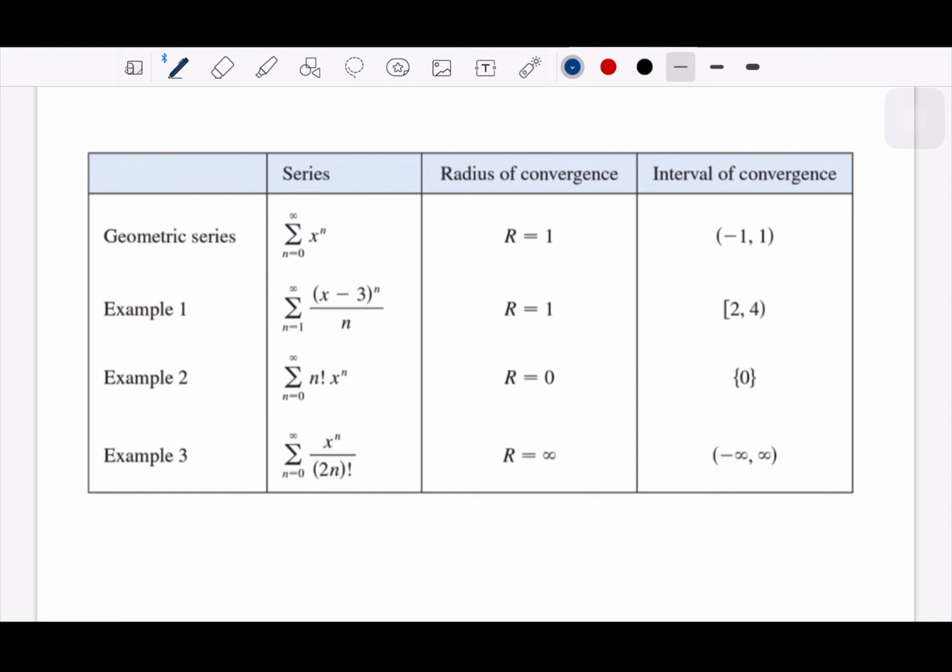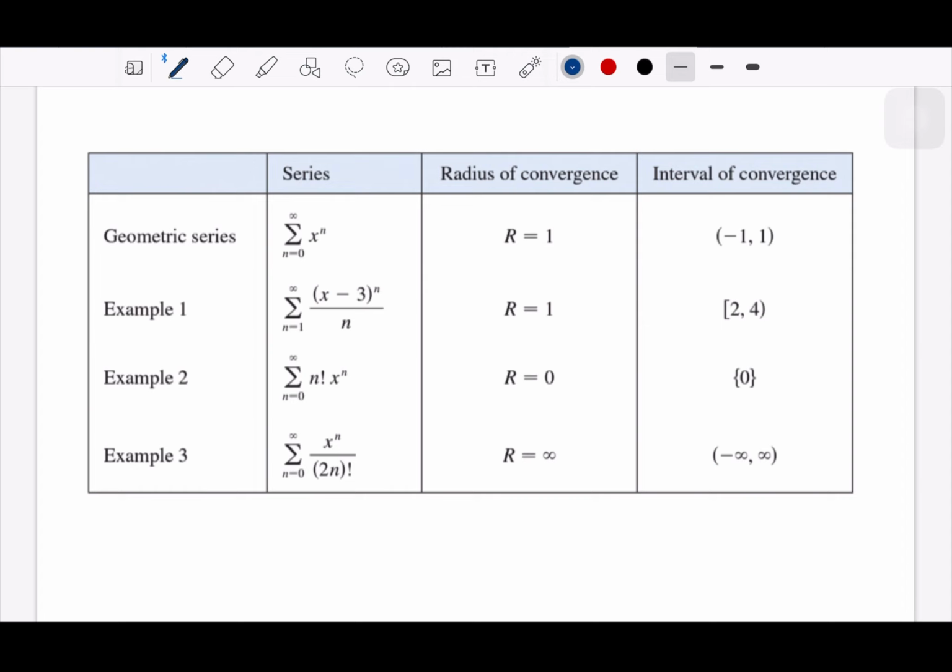If 3x is your result after you take the ratio test, then your radius will be 1 over 3, or 1 over 4. It depends on this x. If this happens, the second one, in a single point, there is no distance, no radius.